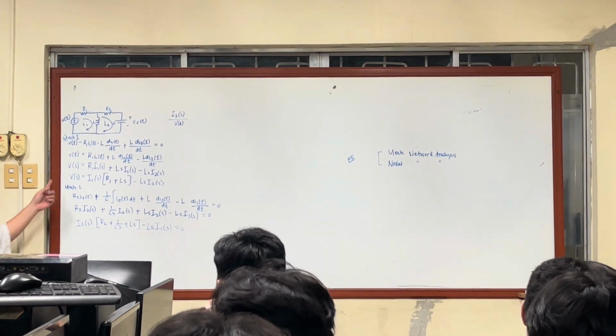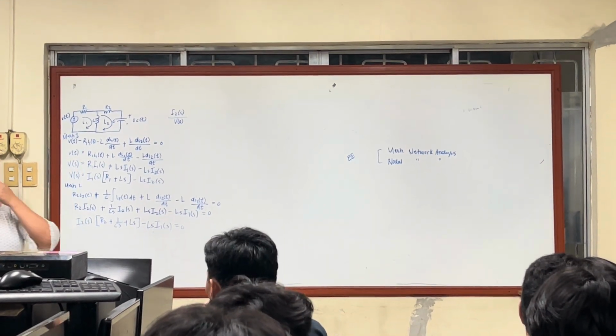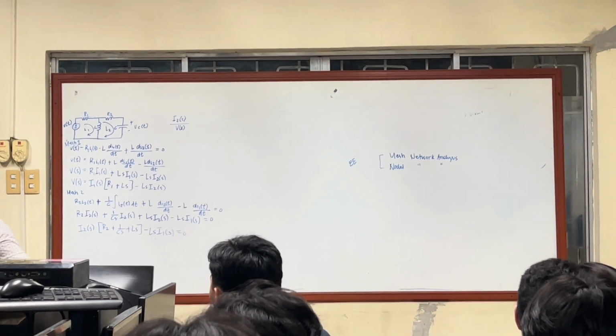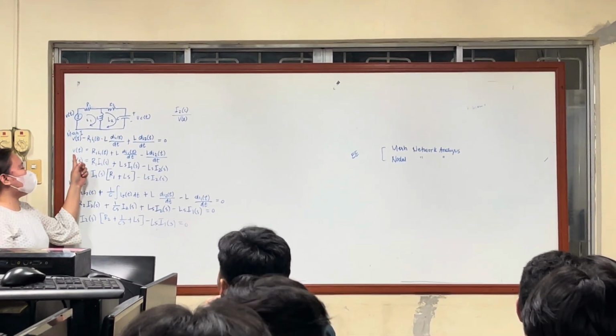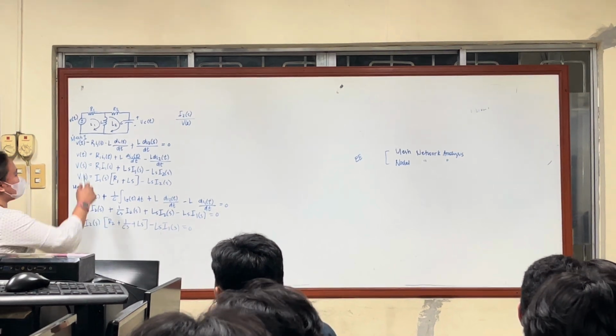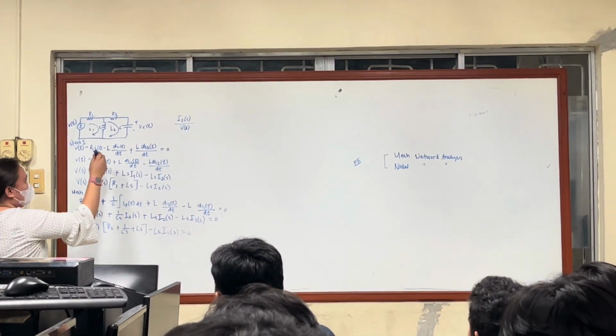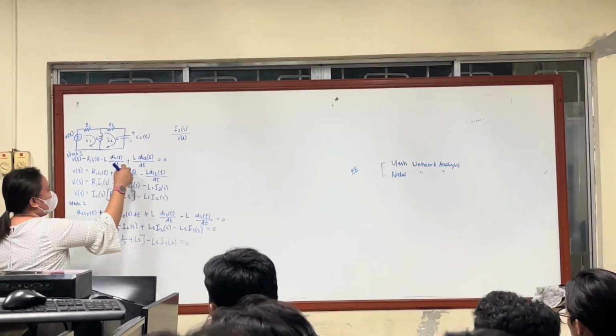Okay. So we have here, we should equate this, class. The input and the components. Okay? So we have here V of T. This one is positive. Positive, negative.